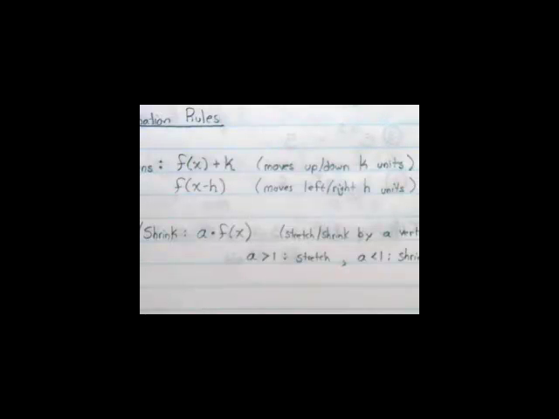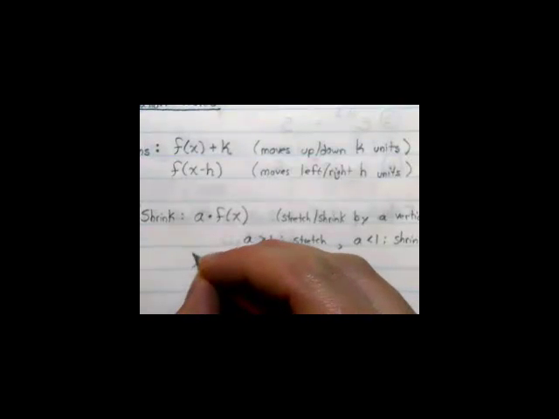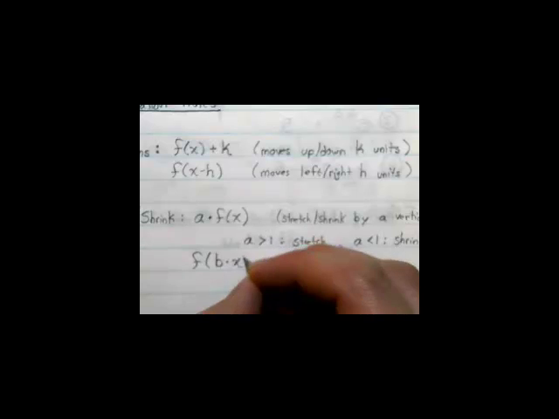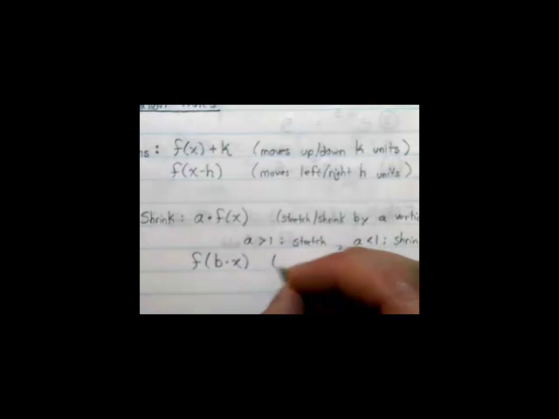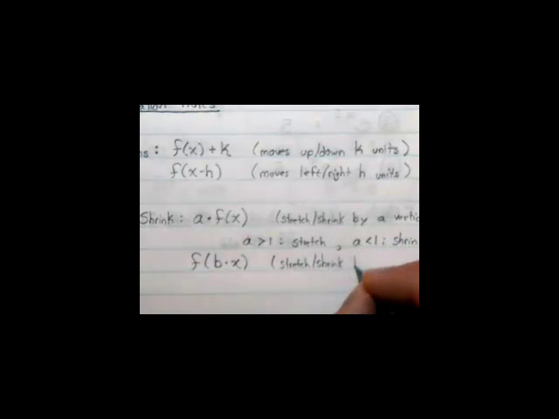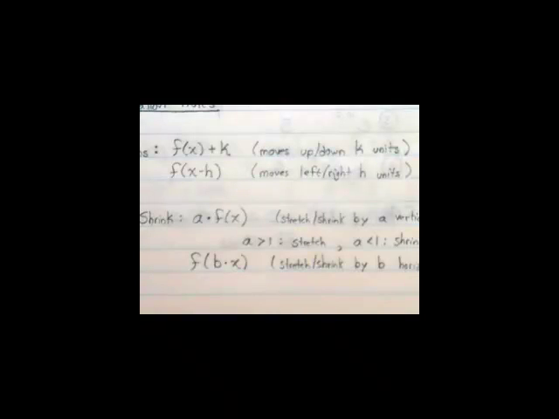And then if it's going to be horizontally, then it gets multiplied on the inside. This is a stretch or shrink by b horizontally. But this time, again, it's opposite of what you would expect.